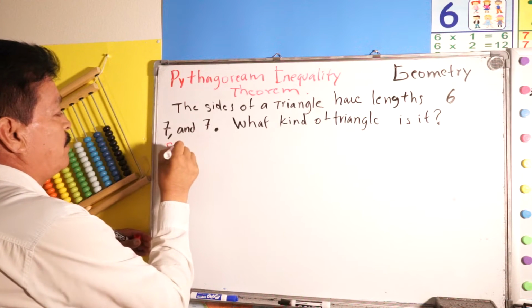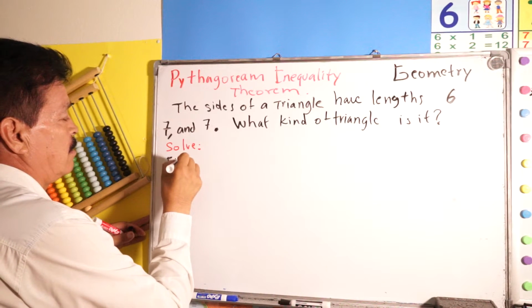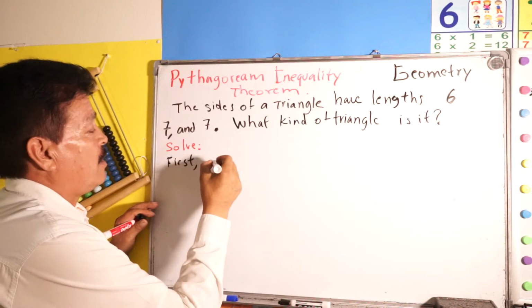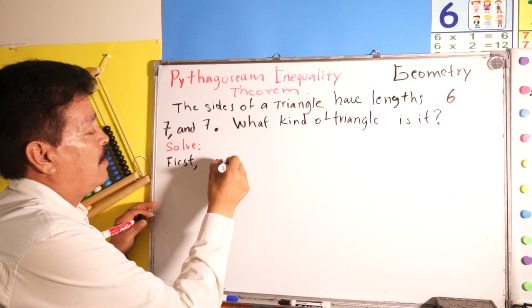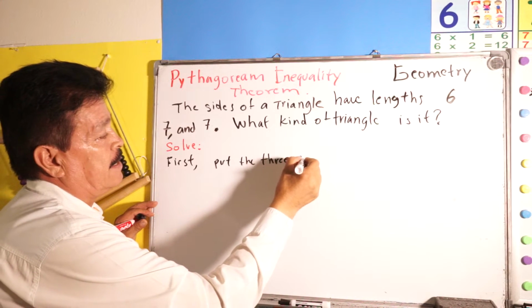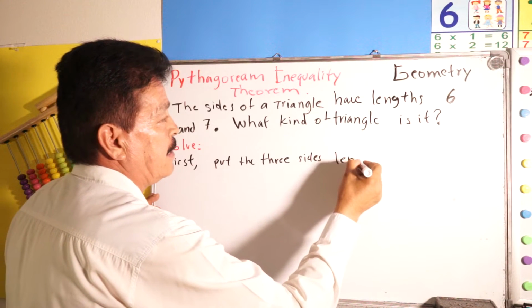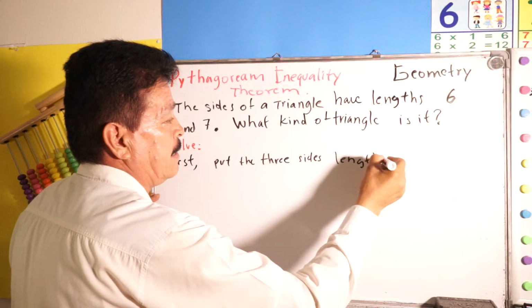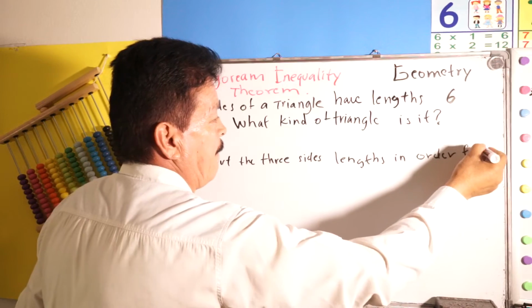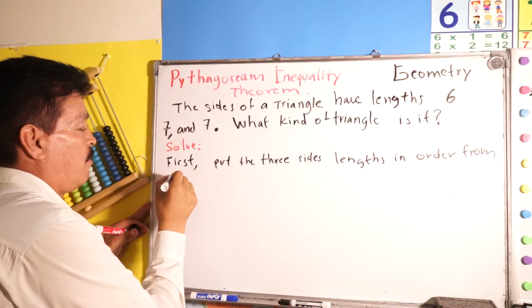First step here: we have to put the three side lengths in order from smallest to largest.